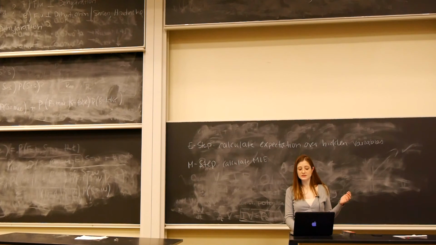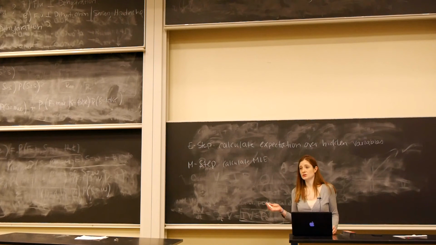And in the M step, you perform maximum likelihood estimation, but you substitute in the expected values of the hidden variables in the places where their actual values would normally appear, basically.